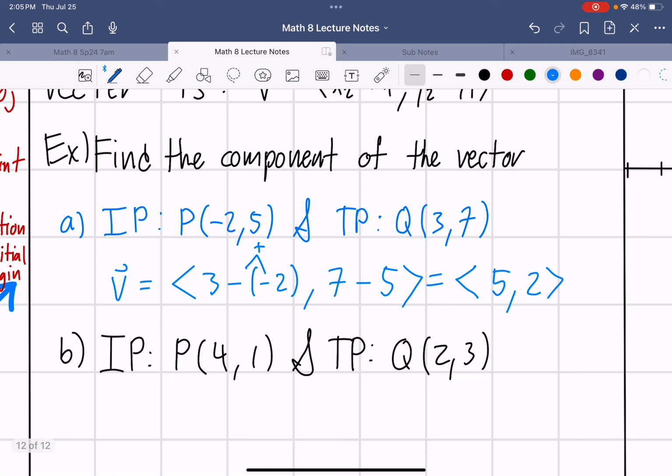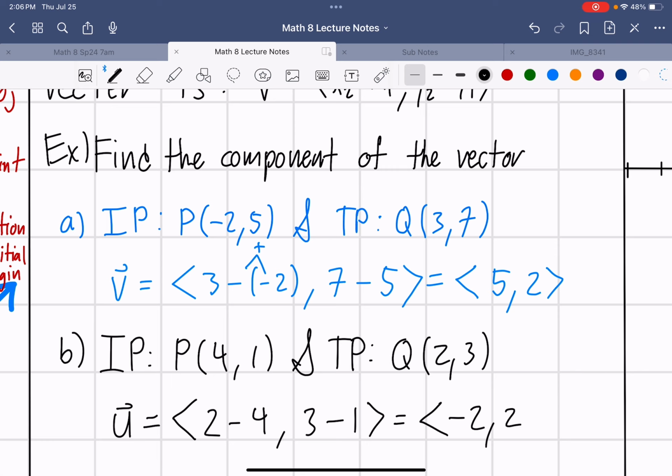And if you want to pause to try the next example, you're more than welcome to. But I'll just continue. So it's going to be 2 minus 4, and then 3 minus 1 for the y components. And that's going to give me the vector -2 and +2.